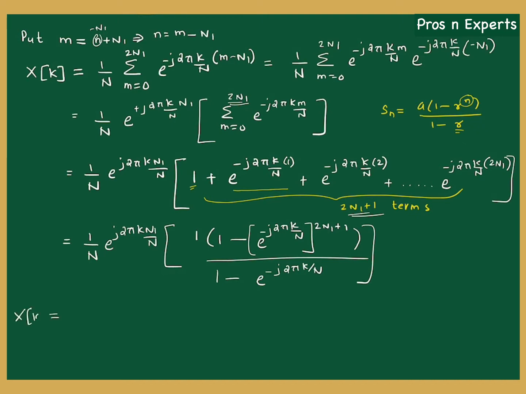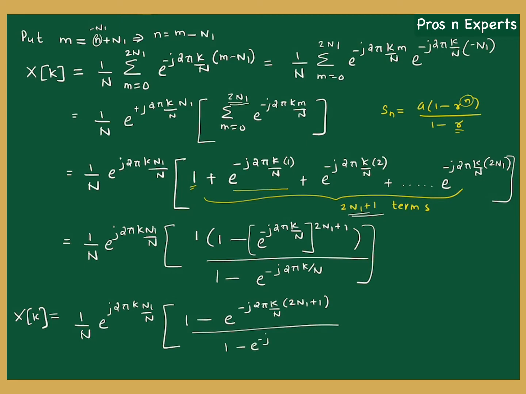I can write it as 1 by n e raised to j2 pi k n1 by n into 1 minus e raised to minus j2 pi k by n into 2n1 plus 1, whole divided by 1 minus e raised to minus j2 pi k by n. So this is the Fourier series coefficients.